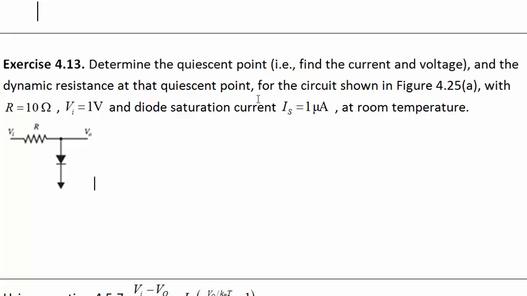And the next part is to find the dynamic resistance at that quiescent point. Remember, you take the diode part only, not the resistor part, and you find the rate of change of the voltage relative to the current. That's what gives you the resistance of the diode. Dynamic resistance just refers to the diode's resistance.